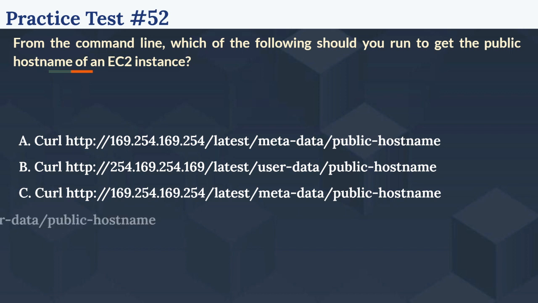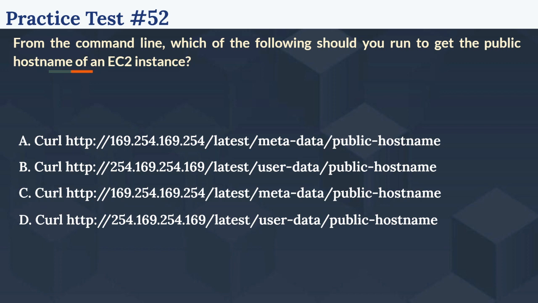Option D, curl http://169.254.169.254/latest/user-data/public-hostname.